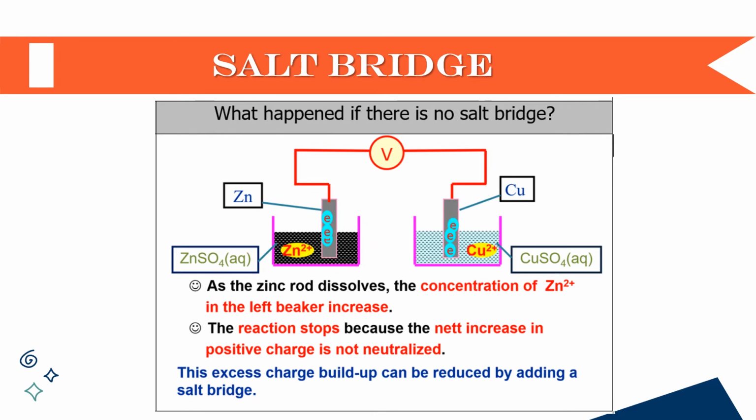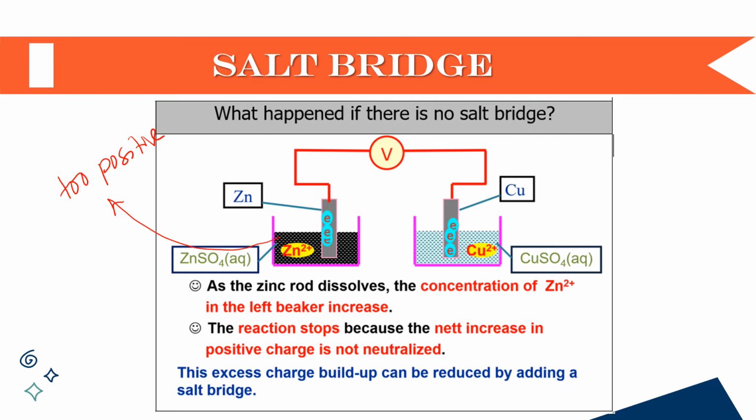It just becomes too positive over here. When it becomes too positive, it will stop the electron flow.